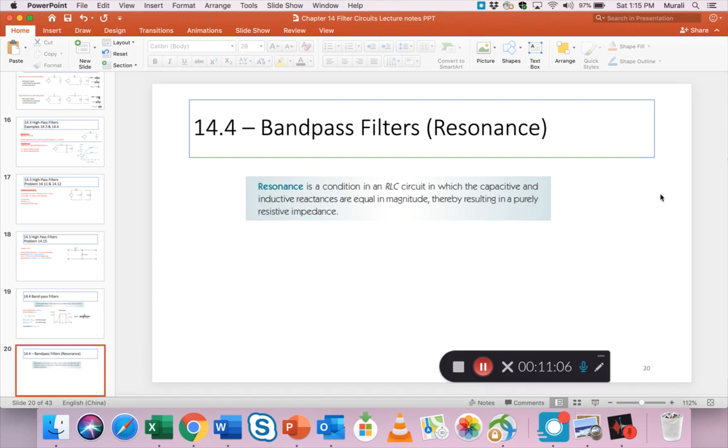I'm sure you can do the problems if necessary, but let's just say I won't give you resonance problems for homework or in the exam. But when we do actual problems on filters, bandpass filters or bandstop, the same concepts are applied. So with that, let me introduce you to the idea of resonance.